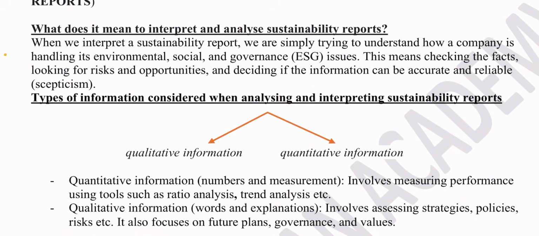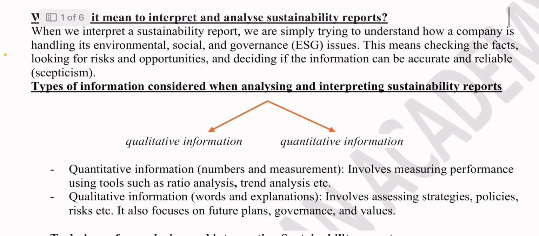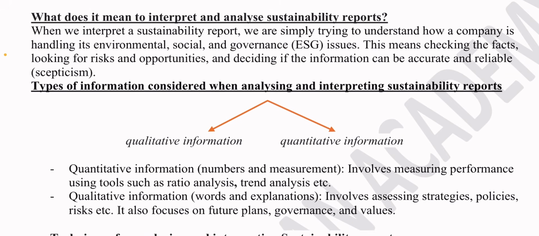So in the ICAN case study exam, they could give you a sustainability report and they can ask you to analyze and interpret it. Now, sustainability reports are reports that cover the activities of a company in relation to how its operations affect the environment, how they treat people, or probably how the operations affect the economy and all of that.